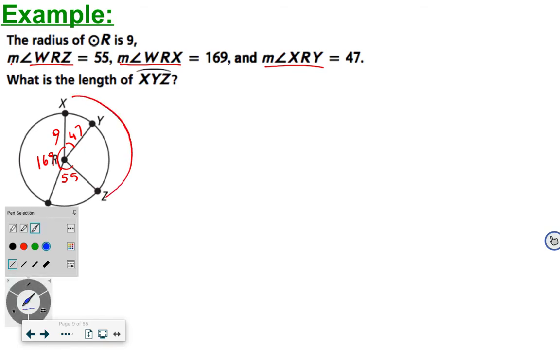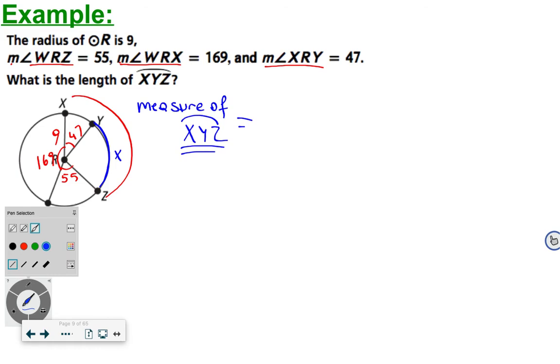To be able to find the measure of arc XYZ, I need to find the measure of YZ. How? Let's say that this is x.